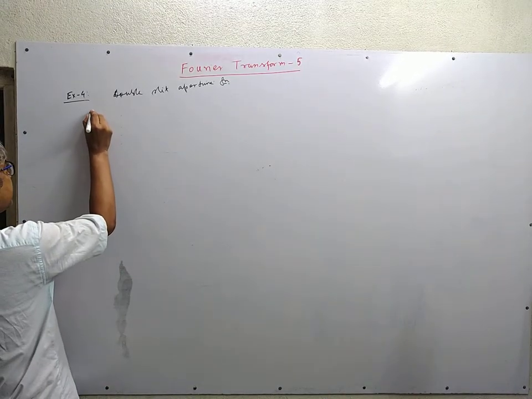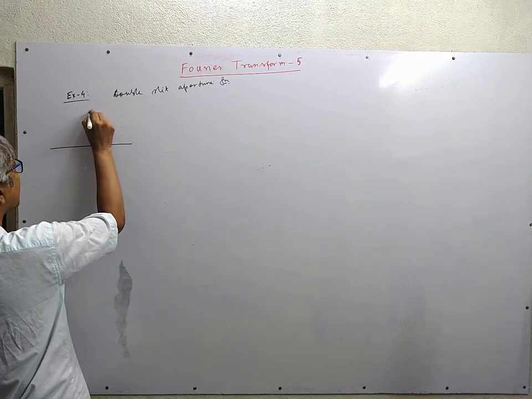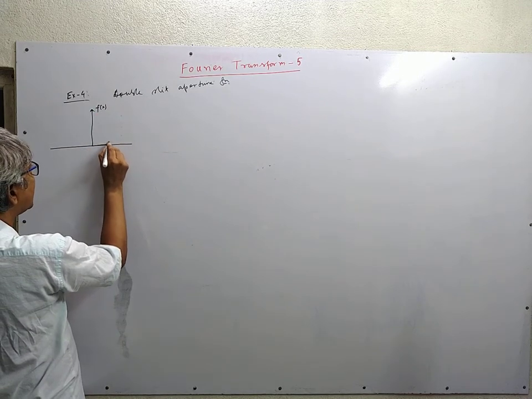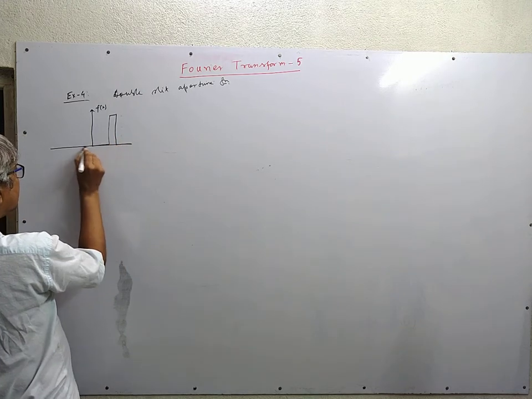If we plot the slit function, it looks like this: f of x is 0, then it is symmetric.